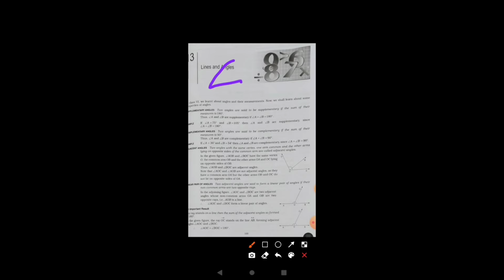Maybe the angles are apart from each other, one is this and the second is this. If their sum is 180, we can say these angles are supplementary angles.